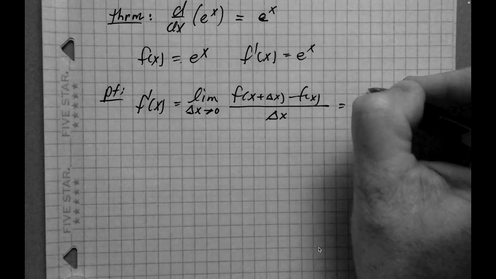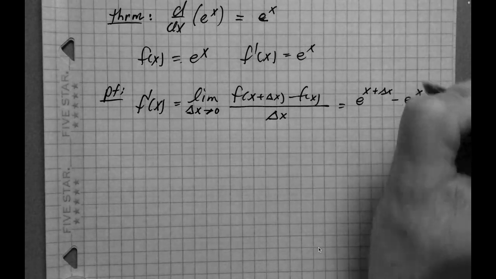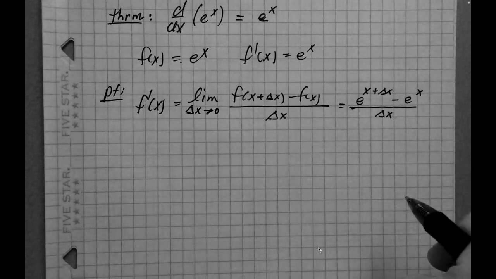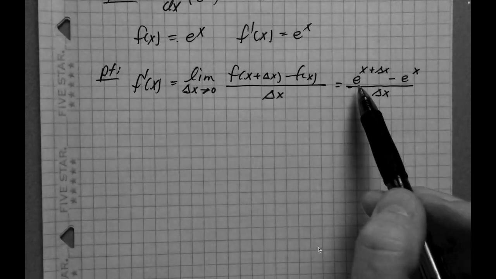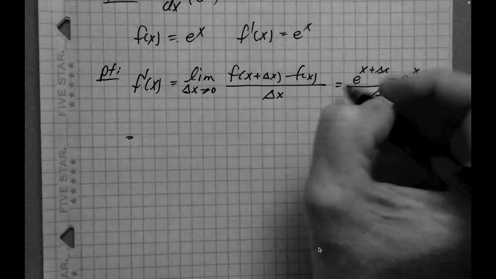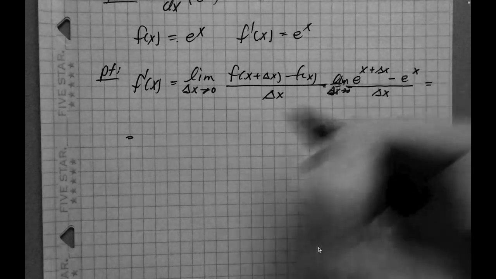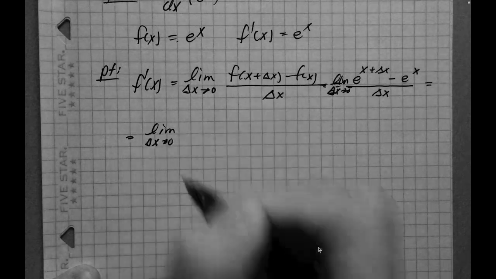So we get e to the x plus delta x minus e to the x, and then that's all divided by delta x. I'm sorry, I should have put the limit in there. Don't forget that's important. So this is the limit as delta x goes to 0.